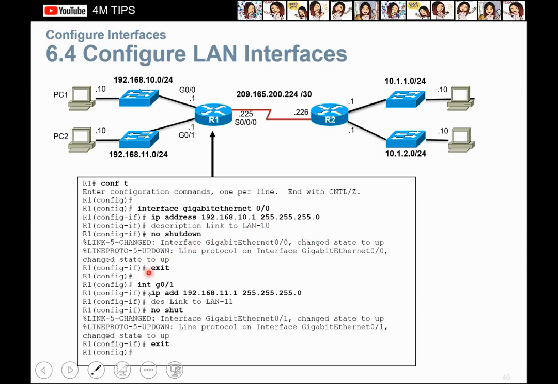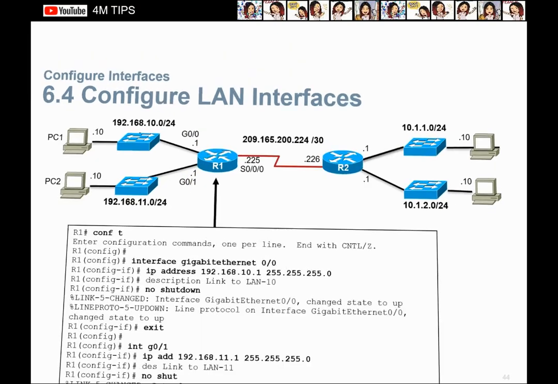Once you are done, you type the word exit, and you repeat the same steps for interface Gigabit 0/1: you enter the IP address, you issue no shutdown, and again it will bring your interface up. So these are the examples of how I configure these two interfaces.